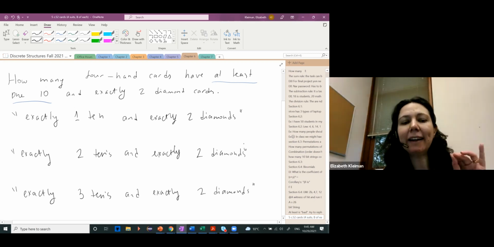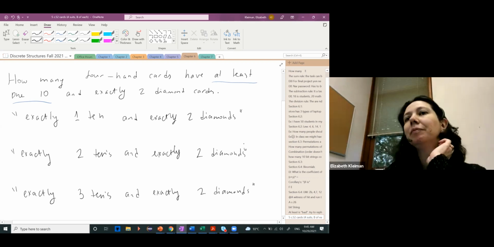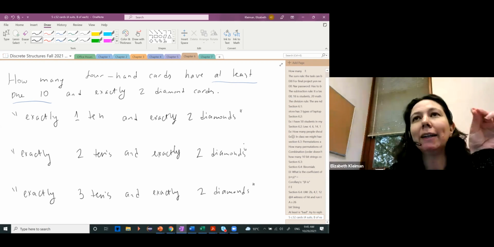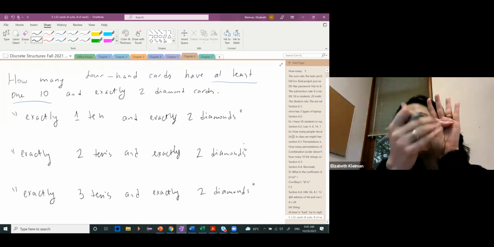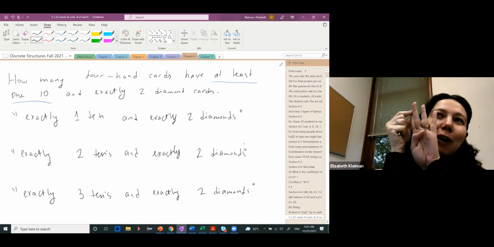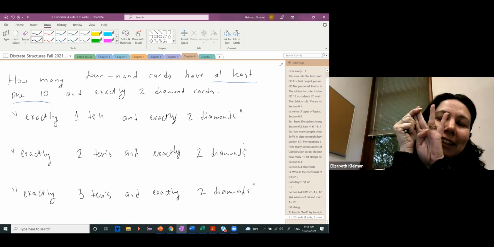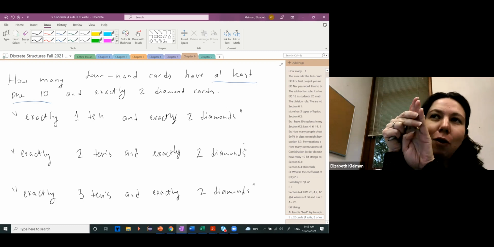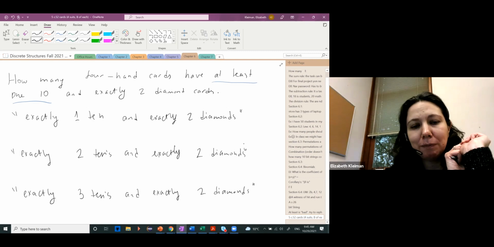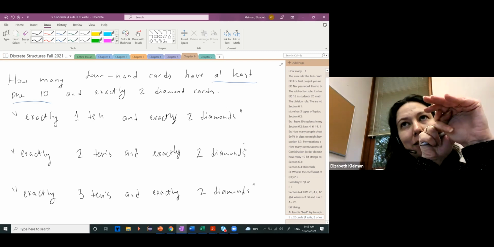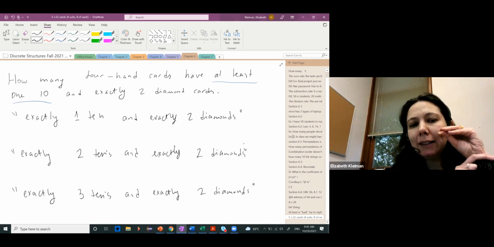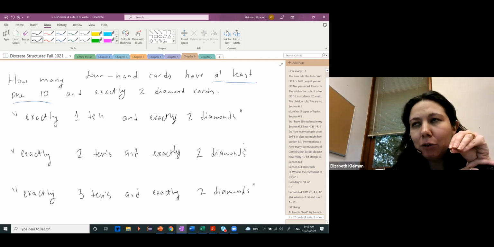Question: can I have exactly 4 10s? No, because I only have space for 4 cards, but I'm only going to have 1 diamond, correct? And I do need exactly 2 diamonds. So the 4 option is not possible. Now let's think what works for us for cases 1, 2, and 3.